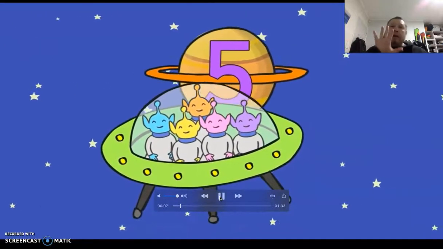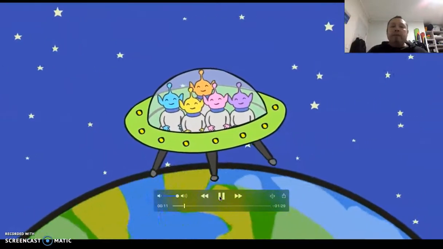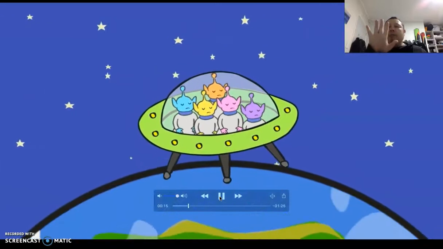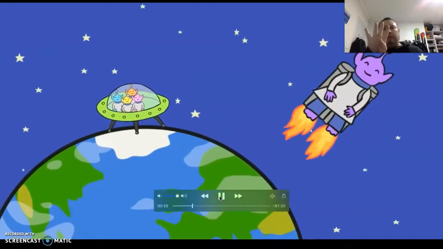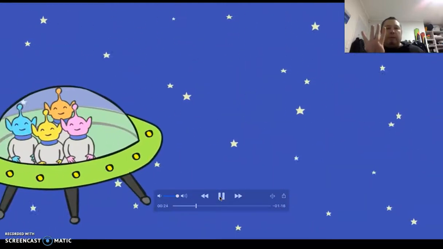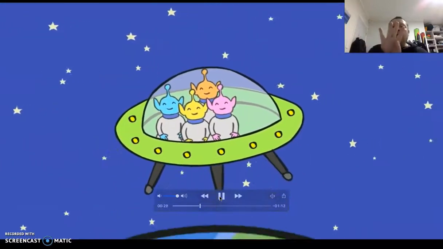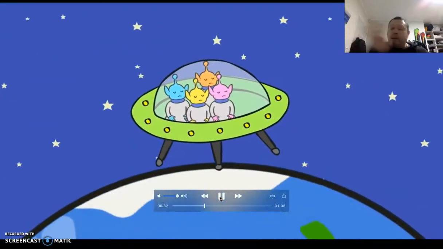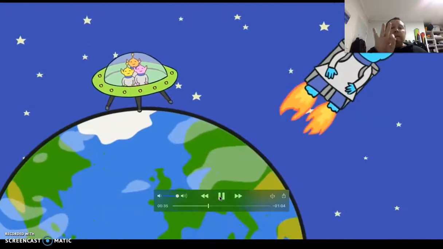Five little men in a flying saucer flew around the earth one day. They looked left and right, but they didn't like the sight, so one man flew away. Four little men in a flying saucer flew around the earth one day. They looked left and right, but they didn't like the sight, so one man flew away.